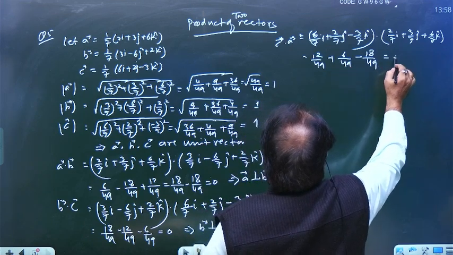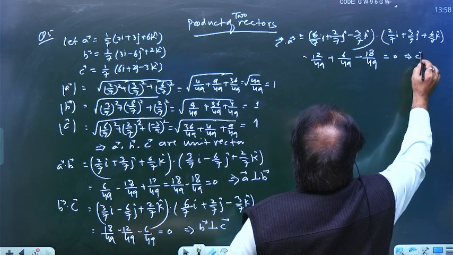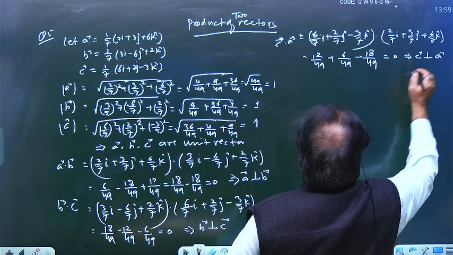So again it is coming 0. So this implies that C is perpendicular to vector A.